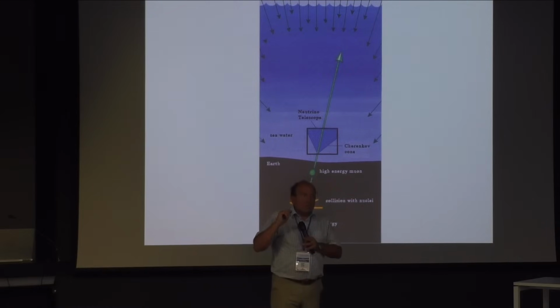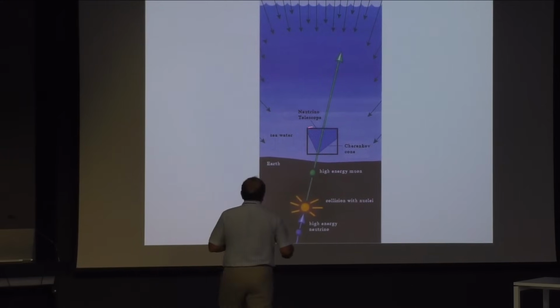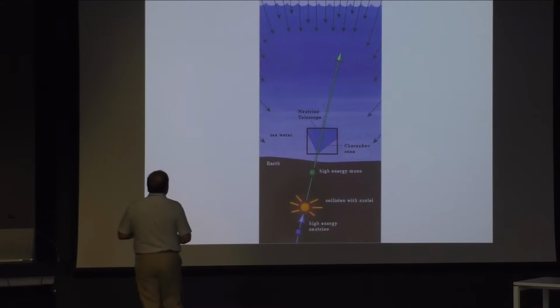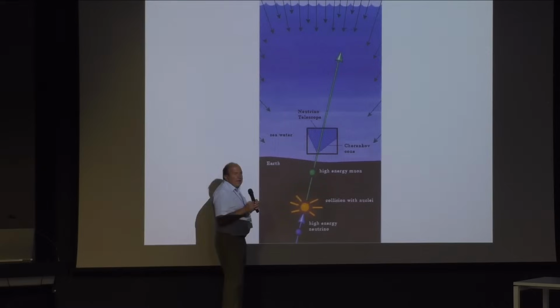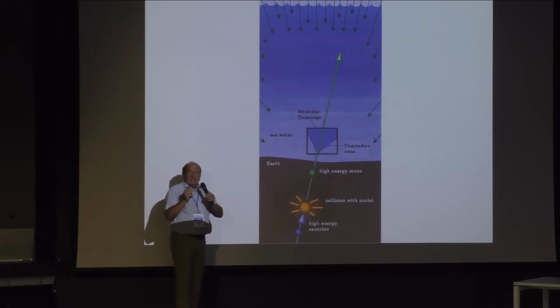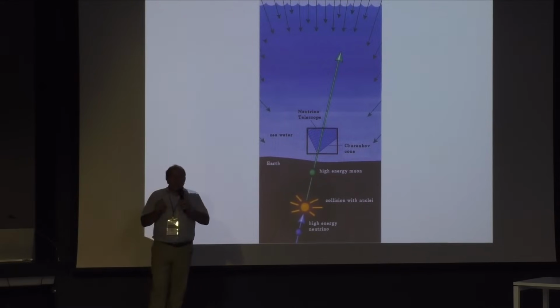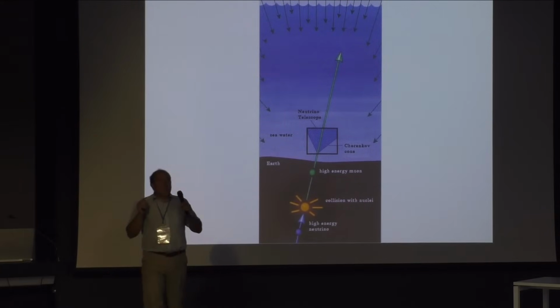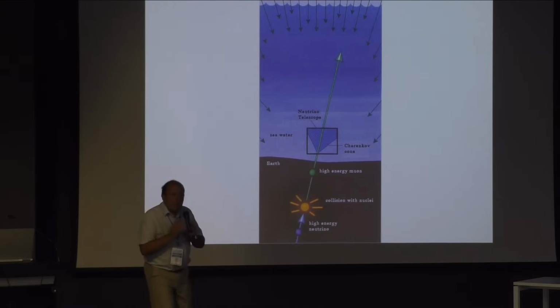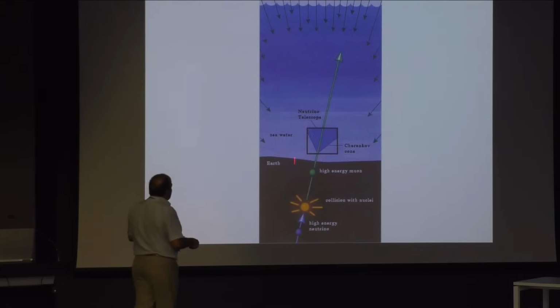So this is the reason why we have the creation of Cherenkov radiation, this blue light that is emitted from the track of the muon. The fact is that it has very specific geometrical characteristics. So the light is emitted at 42 degrees. So it's offering us the opportunity to reconstruct in detail the track of the muon.